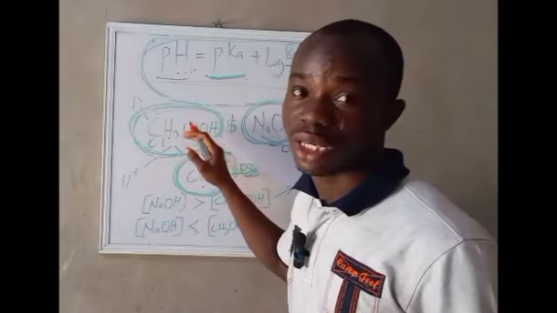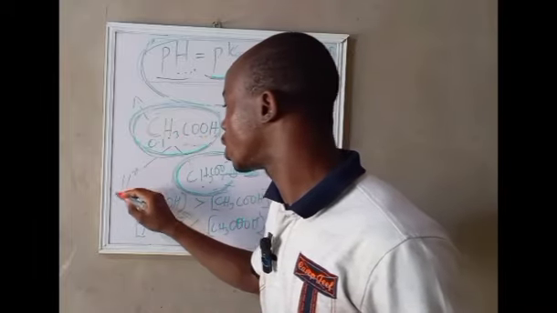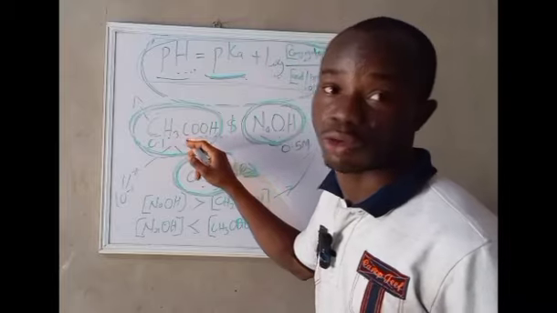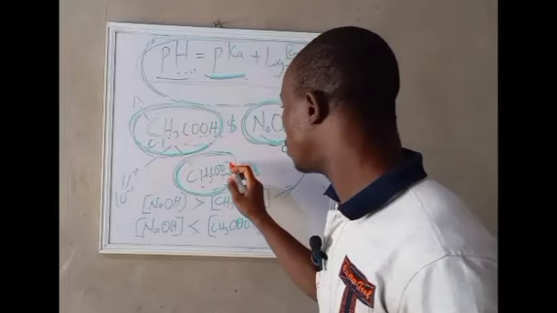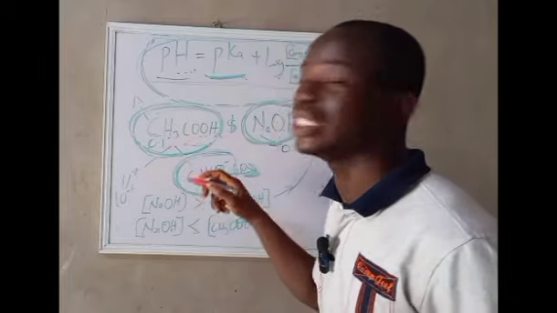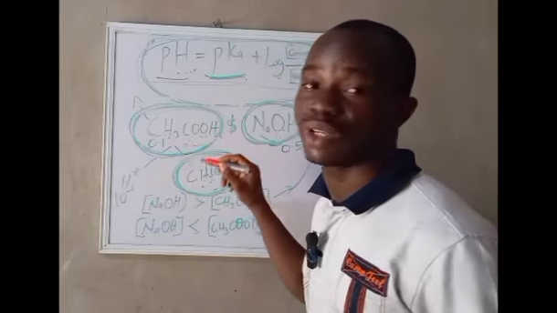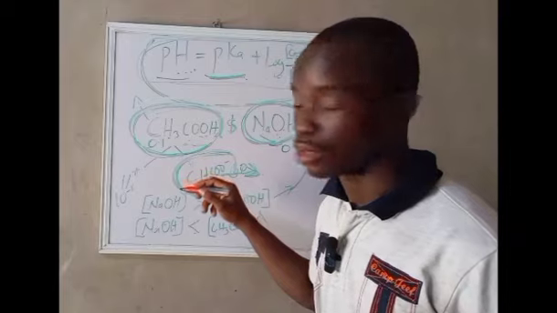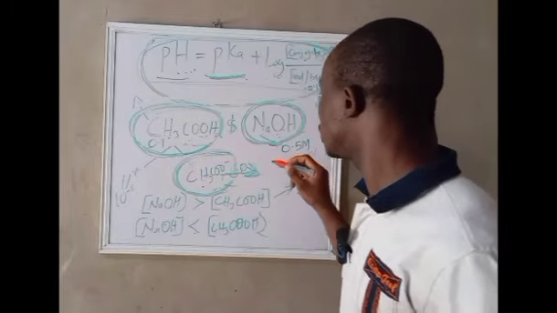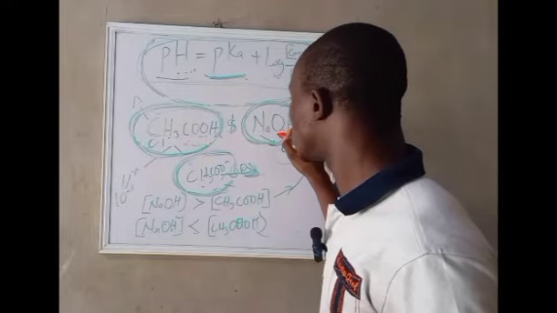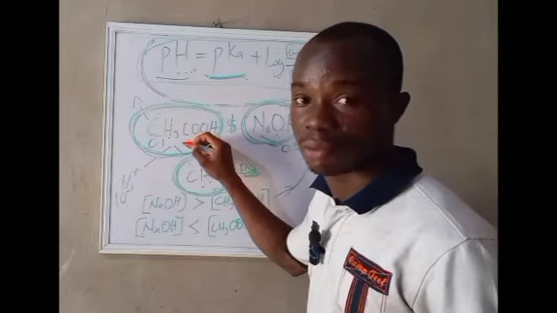Even when you check the Ka value of this, you will see probably around 10 raised to the power minus 4 or 10 raised to the power minus 5. That's the Ka of this particular weak acid. So the amount of this one that will be produced in the initial dissociation will be very, very small. That's the first thing to take note. So now imagine that I add 0.5 molar of this strong base to this system.